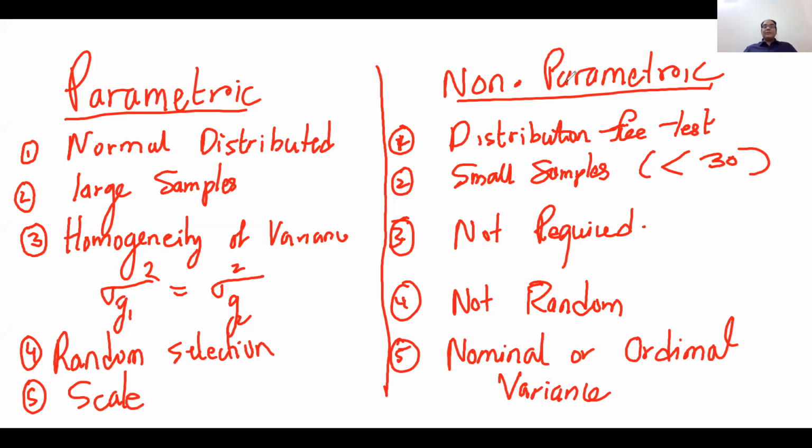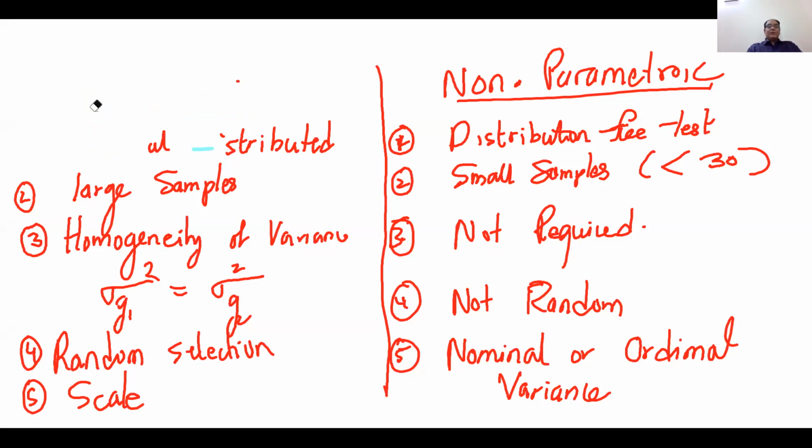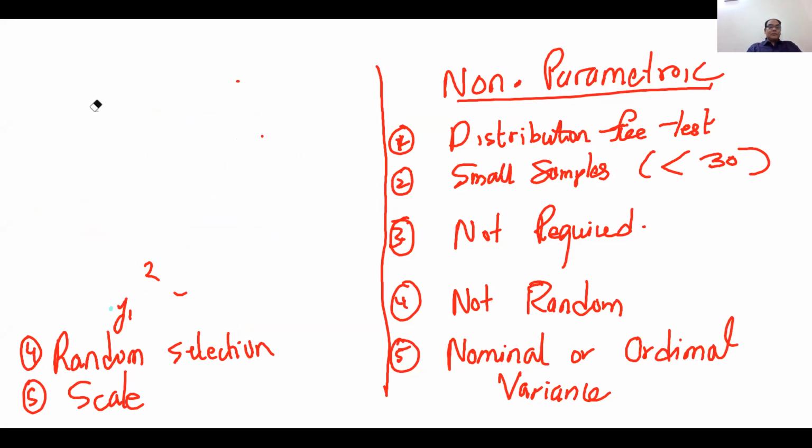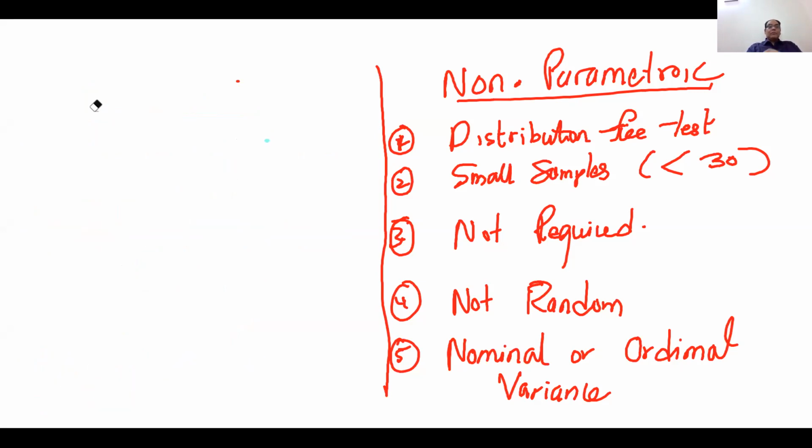I hope it is clear. So what non-parametric tests are we going to apply? I'm telling you the list. Number 1, the chi-square test, which is known as the king of non-parametric tests.